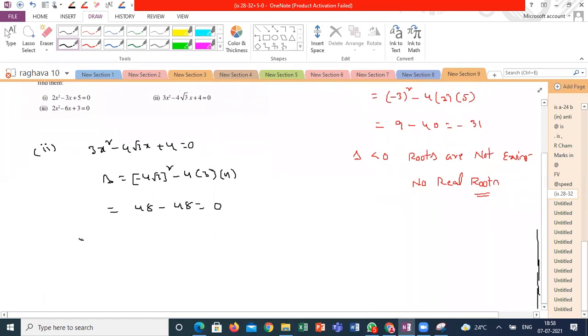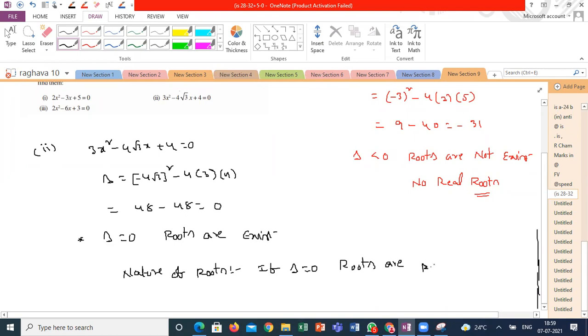Exist, sir. Delta is 0, roots exist. What is the nature of roots? If delta is 0, roots are real and equal. Am I right or wrong, guys? Roots are real and equal only, no? Yes, sir.